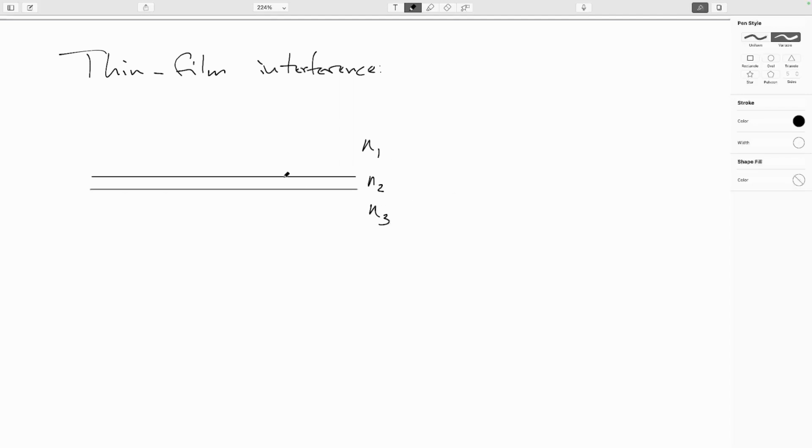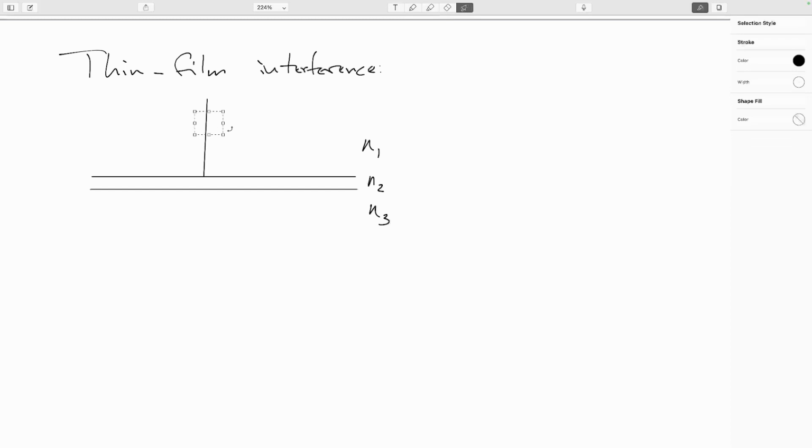Now, we can figure out what wavelengths of light are apt to be reflected back strongly by thinking about the possible paths that the light can take as it comes in. So say we have light coming in down on our thin film like so. Oops, that's pretty badly drawn.